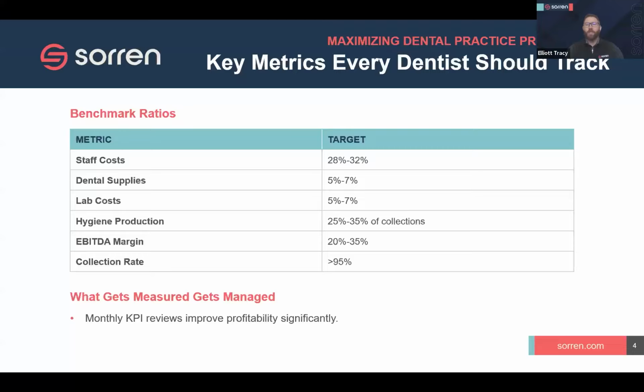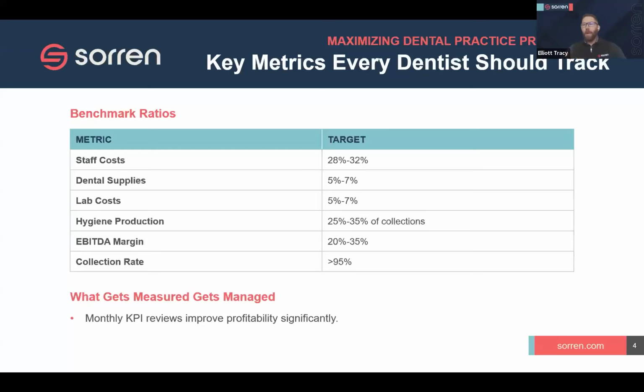Staffing costs, you can see here, are 28 to 32%. In today's day and age, years and years ago, 28% of your collections was what we were shooting for pretty consistently. If you were over 28%, we might say you're potentially overstaffed or not producing enough for the staff that we have.